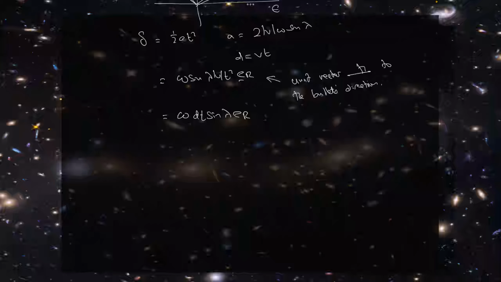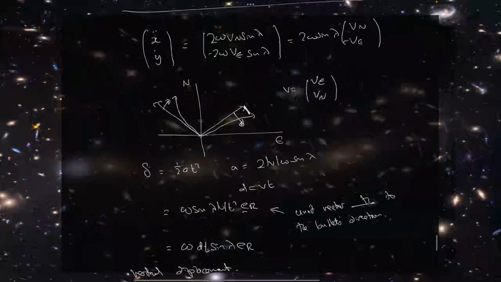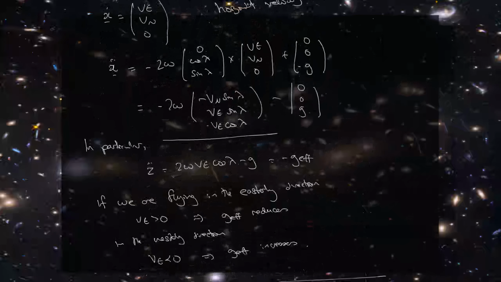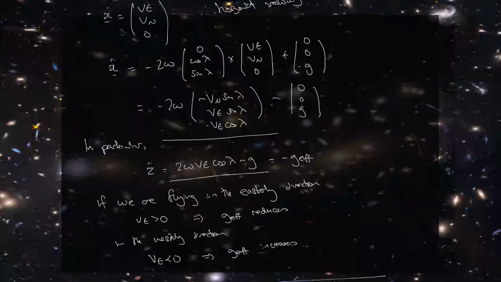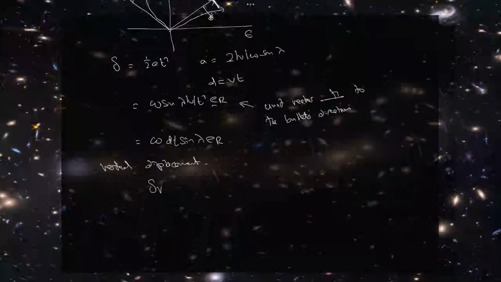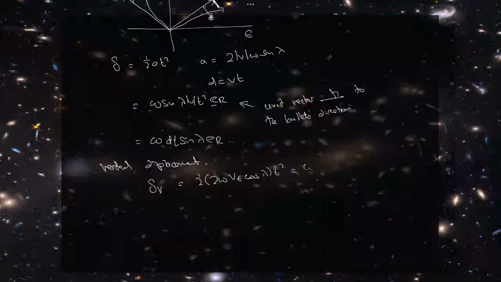Now, what about the vertical displacement? In the equations that I wrote down here, I didn't write down the z double dot expression. Well, that's because essentially it comes from the same formula we used for the Eötvös effect. So the displacement in the vertical direction is a half times 2 omega ve cos lambda t squared, which is omega ve cos lambda t squared.